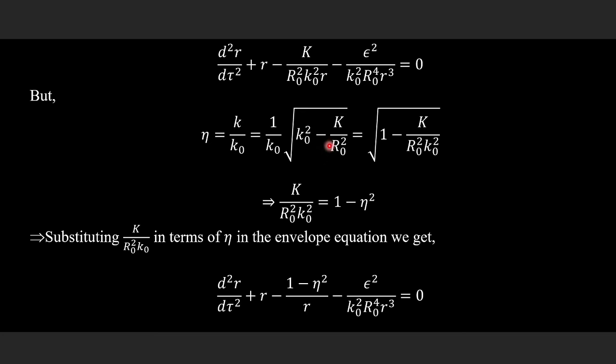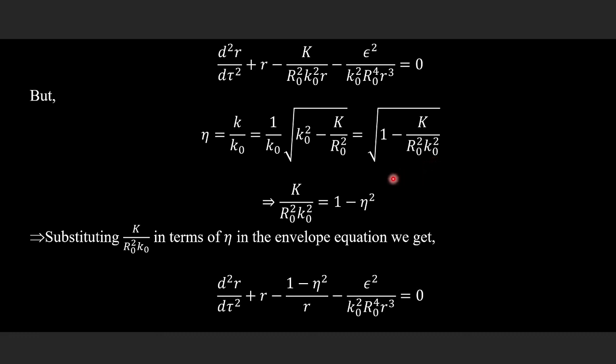And this is eta, and k over r naught square k naught square is equal to 1 minus eta square. You basically square this eta here, so you can get rid of the square root. This eta square comes here, so you will be left with 1 minus eta square, and on the LHS you will be left with this term, k over r naught square k naught square.